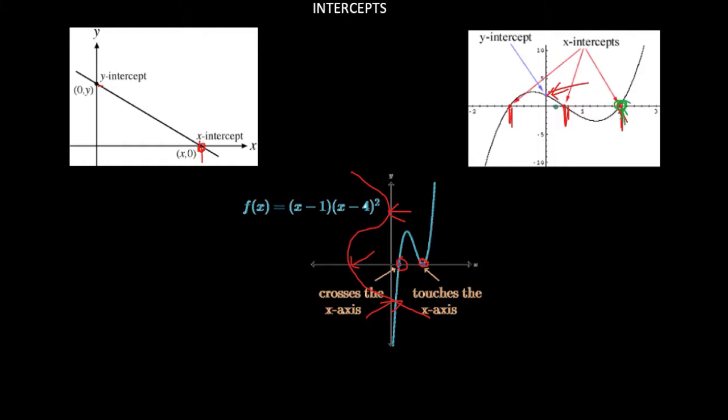And what is the y coordinate? It is 0. If you come to this point, y coordinate is 0. And here y coordinate is 0. Now you should have an idea. What is that? For the x-intercept, the y coordinate is always 0. And similarly, when you go to the y-intercept, the x coordinate must be 0.